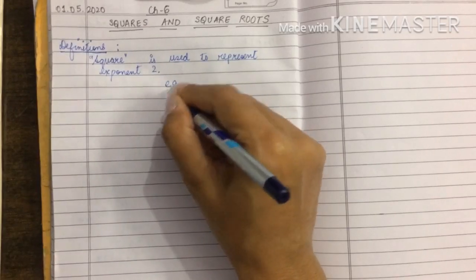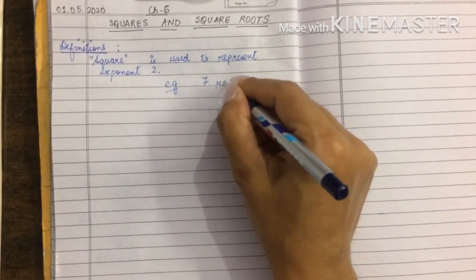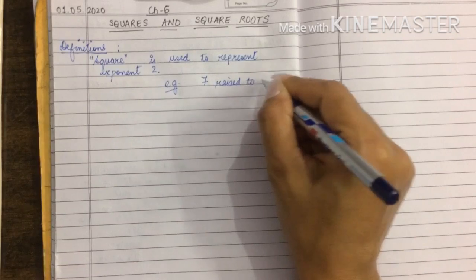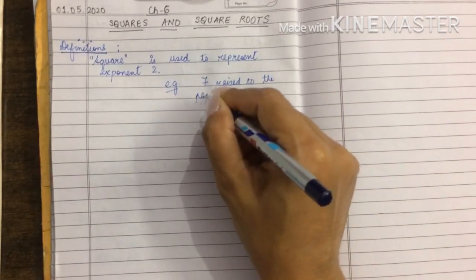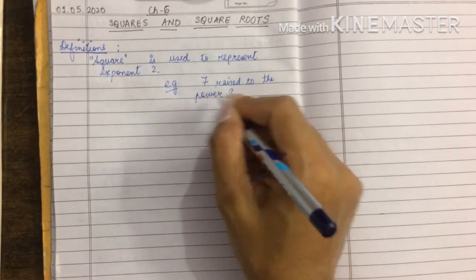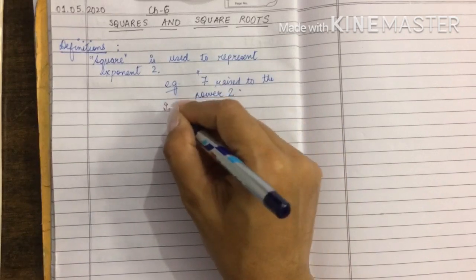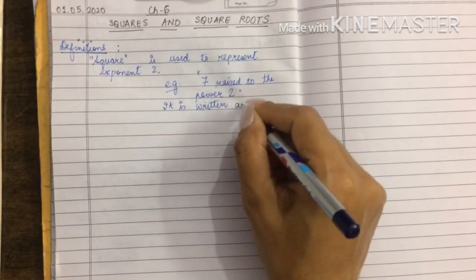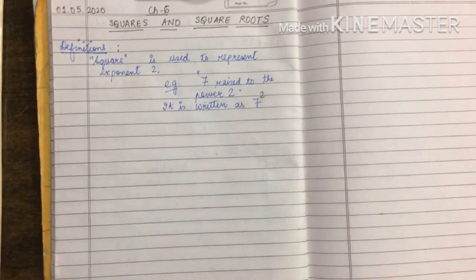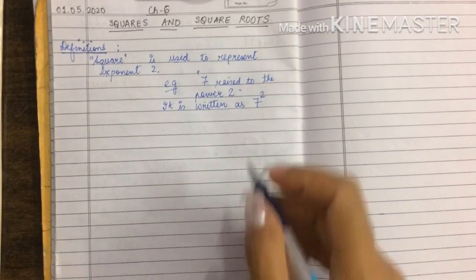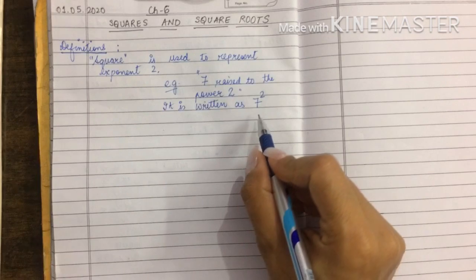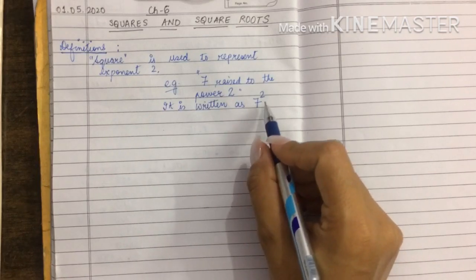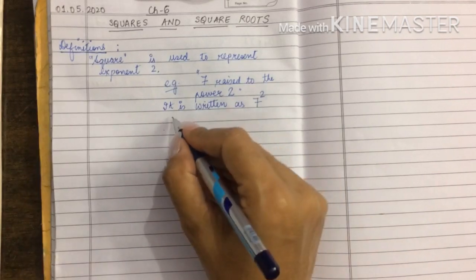So for example, if you have 7 raised to the power 2, it is written as 7 square. This is how you write it. 7 is written normally and 2 is written as a superscript.